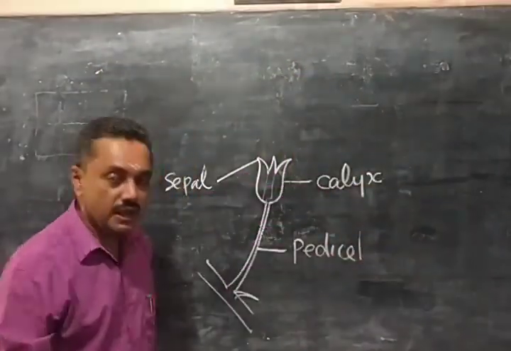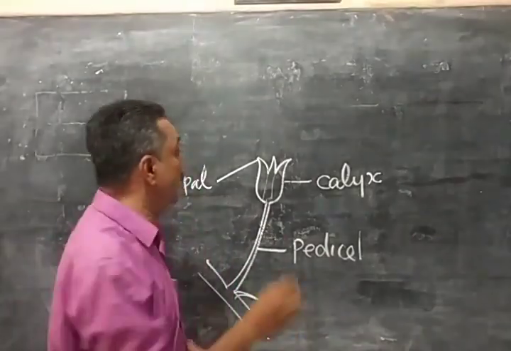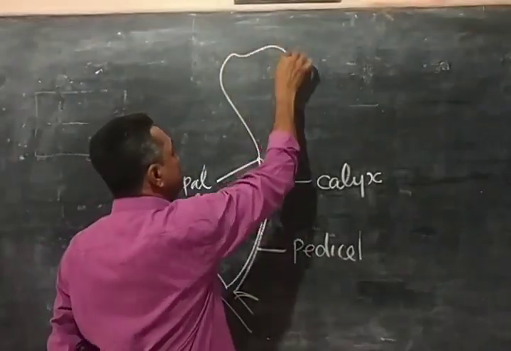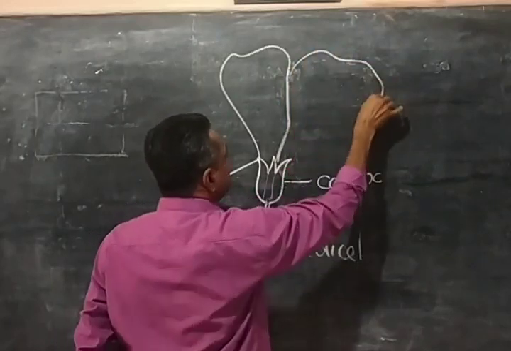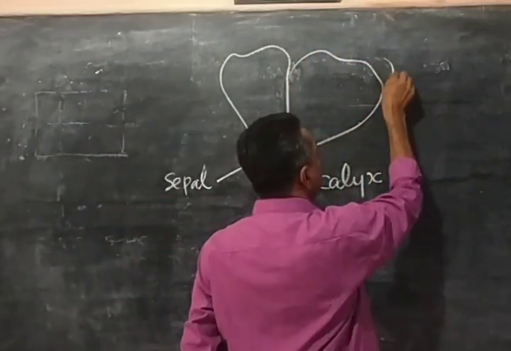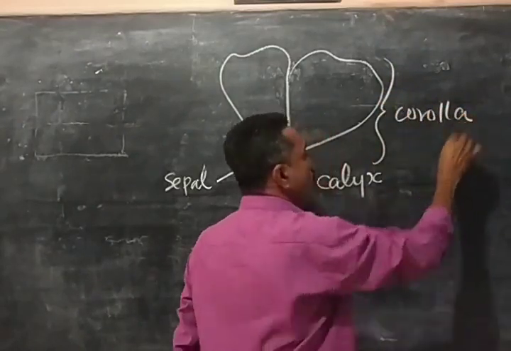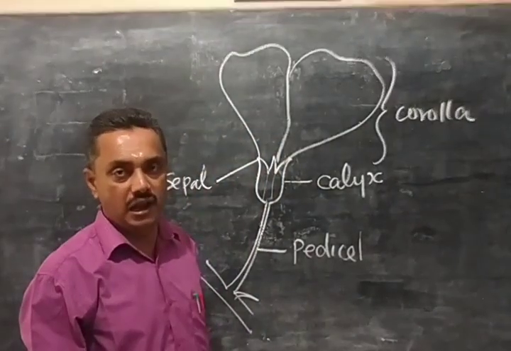Second part, the colored part of the flower. This colored part of the flower is called corolla, C-O-R-O-L-L-A.